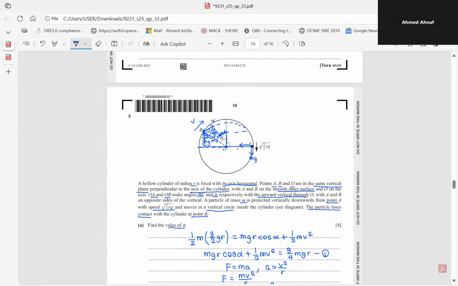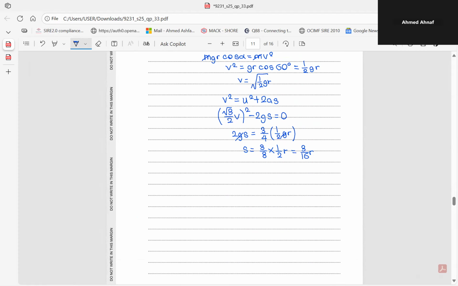So this is the maximum height above this horizontal line that's connected to B. But they want the height above O, so you also need to add this height as well. To find this height, you can use your right angle triangle. So it's just R, the hypotenuse, times cosine alpha. So add this up: 3 over 16 R plus R cosine alpha.